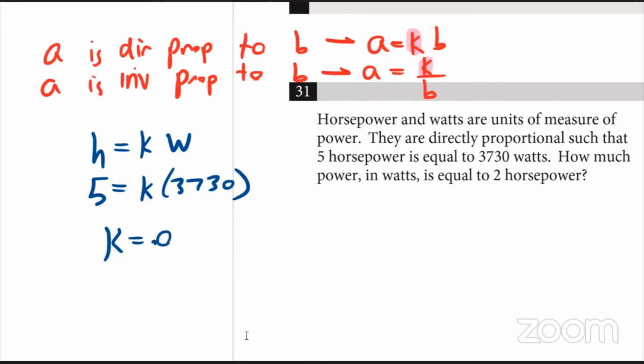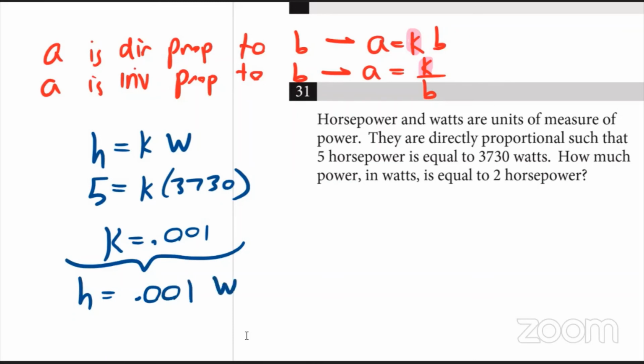And since this is the calculator section, and since we recommend using a graphing calculator, such as a TI-84, we'd rather have you save this number in your calculator, because 0.001 has a lot of digits that are not going to be used there, right? So K is 0.001, so we'll plug that back in. H equals 0.001 times W.